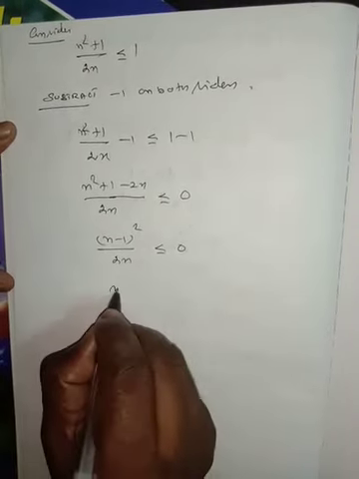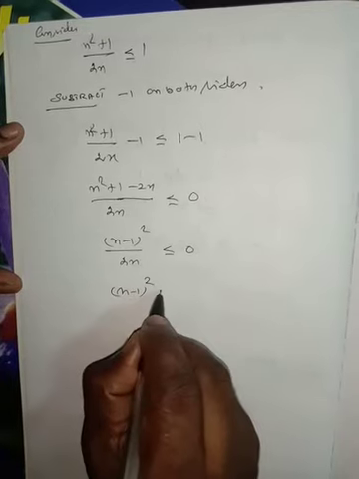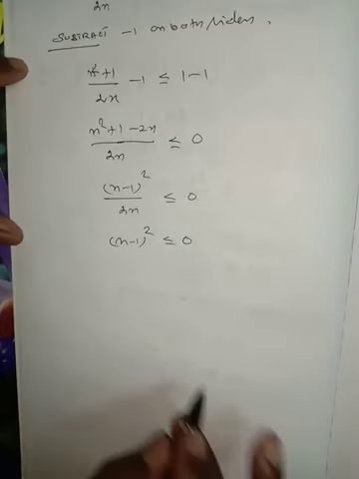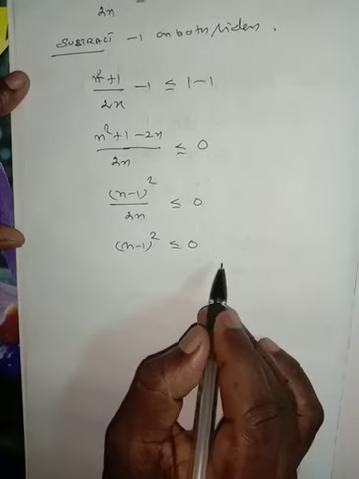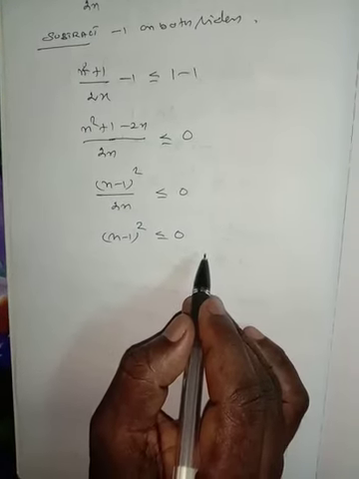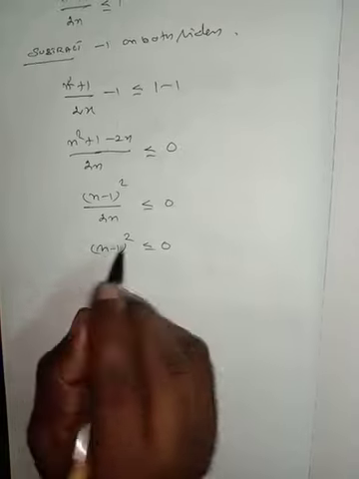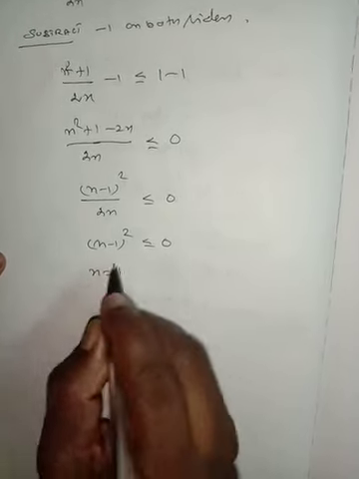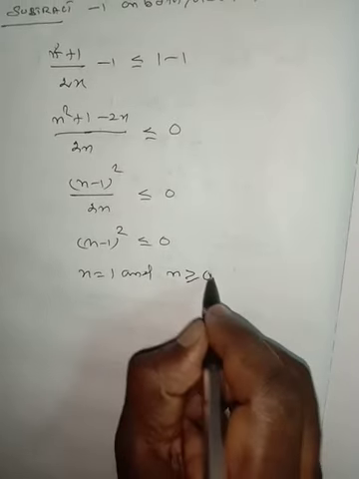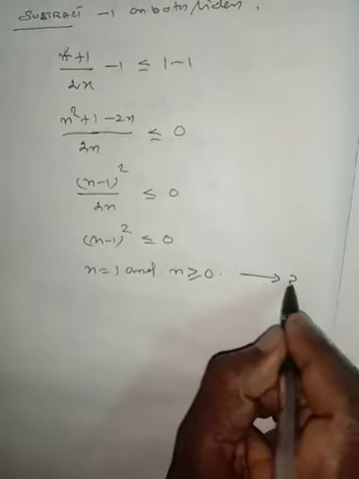Cross multiplying we get x minus 1 whole square is less than or equal to 0. There are two roots. x minus 1 is equal to 0 and x minus 1 is equal to 0. Therefore, the roots are repeated. x is equal to positive 1. So, x is equal to 1 and in this case x is greater than or equal to 0. Number is as 2.